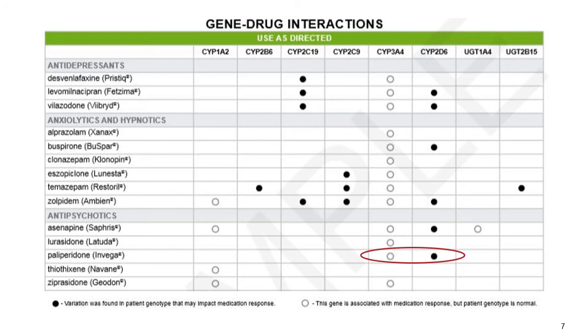However, it's also metabolized by CYP3A4, which is also a major pathway of metabolism, and therefore we don't really have to worry in this case given all of the information that we have on this drug and with this particular phenotype and genotype that this patient is expressing, that we would be able to use these products and this particular antipsychotic as directed.